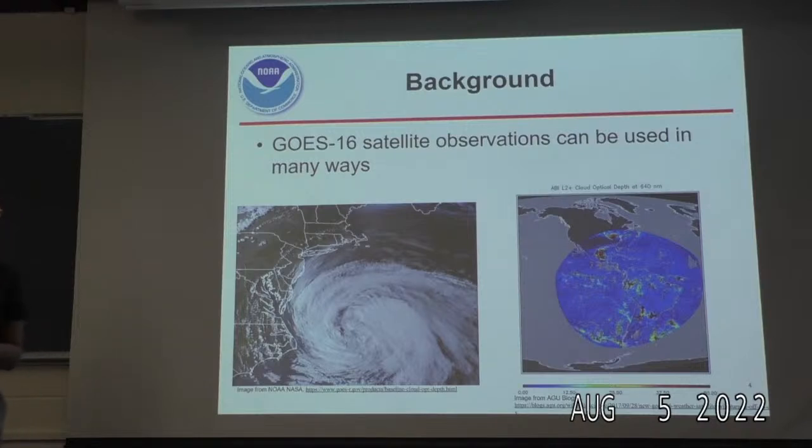So, a little bit of background about satellites for anyone who may not know. Most people, when they think of satellites, think of visible imagery, like the image on the left, but there's actually a lot of other things that you can do with it.